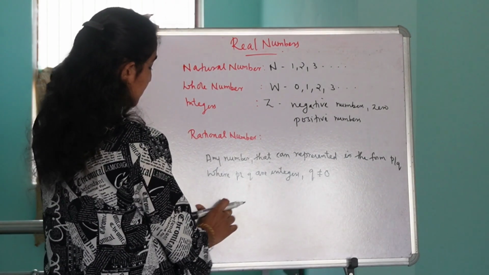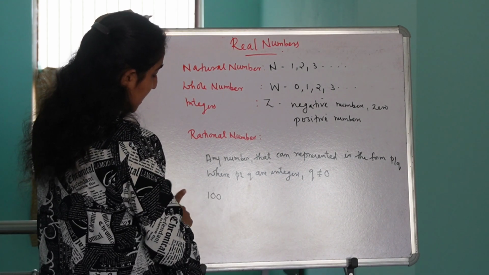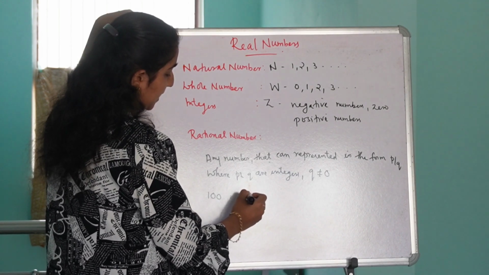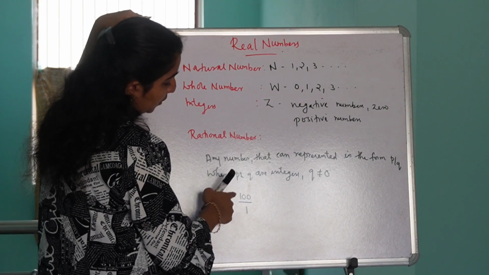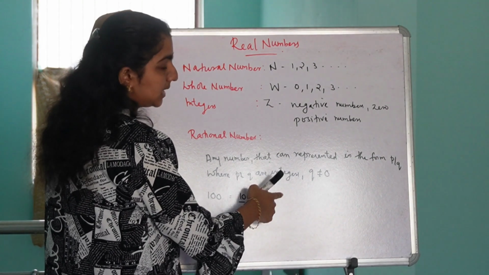Yes. So let's take an example. Suppose we take the number 100. Can we write the number 100 in the form p by q? Yes, of course we can write 100 as 100 by 1, where you can see both p and q are integers, and the denominator 1 is not equal to 0.